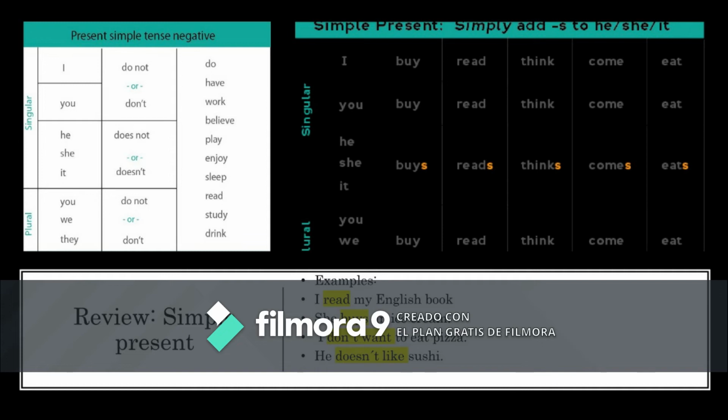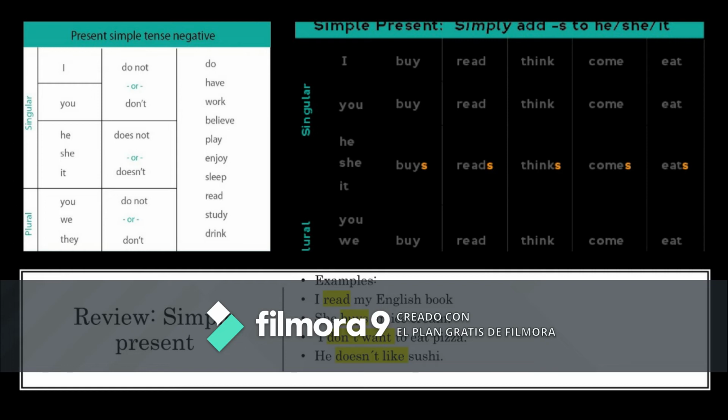And we use doesn't when we are talking about he, she, and it. For example, we have here two examples that say, I don't want to eat pizza. He doesn't like sushi. As you can see, when we are talking about third person, we don't have to use the s at the end of the verb because we are using the auxiliary verb.